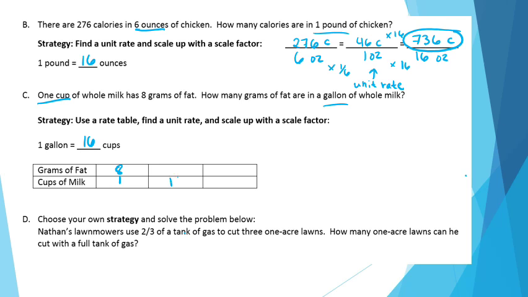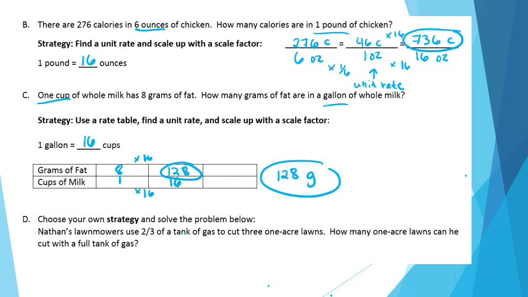And so I'm going to put in 16 cups here, and I'm going to scale that up. So 1 times 16 is 16. 8 times 16 would give me 128. And this last column here is just extra in case I wanted to add another value into the table. So in this case, I'm looking for this value right here. 128 grams of fat are in 1 gallon of whole milk.